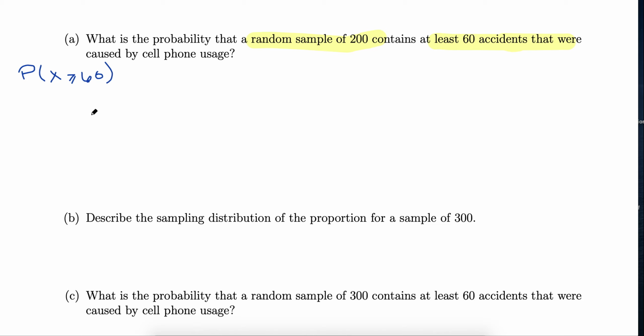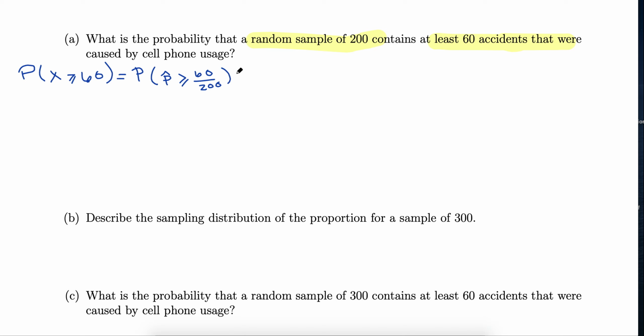The probability that X, the number of accidents, is at least 60, that's equivalent to the probability that P hat, the proportion of my sample, is at least 60 out of 200.